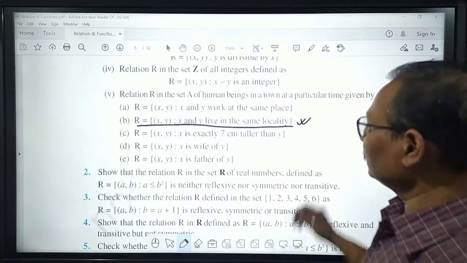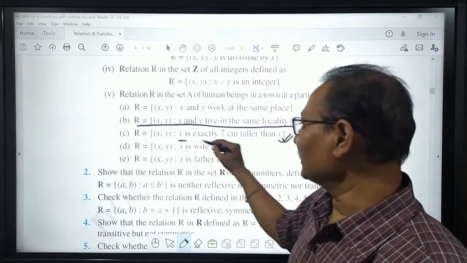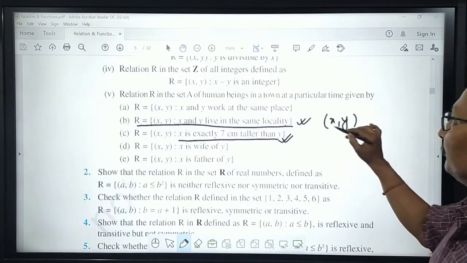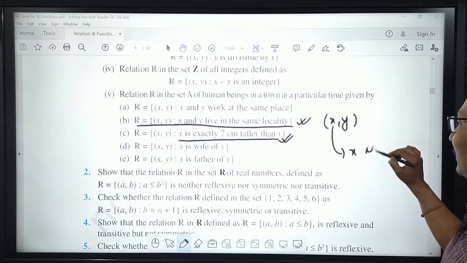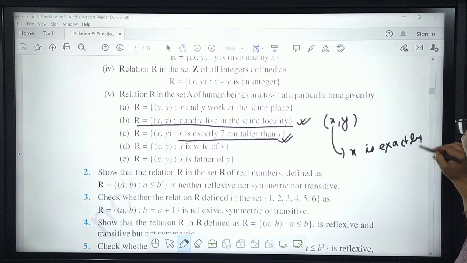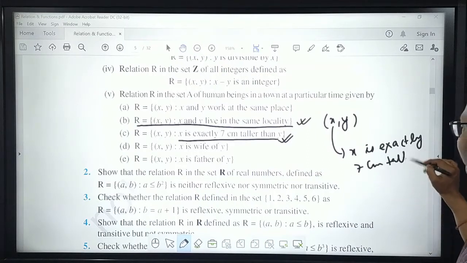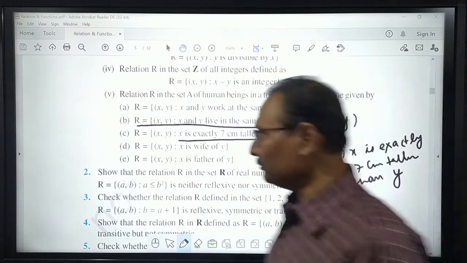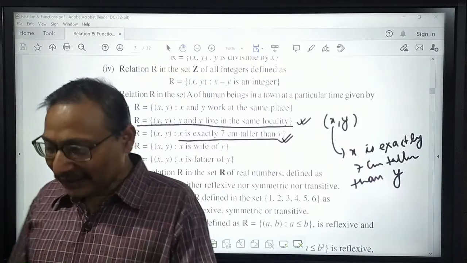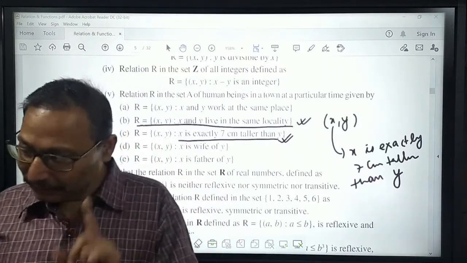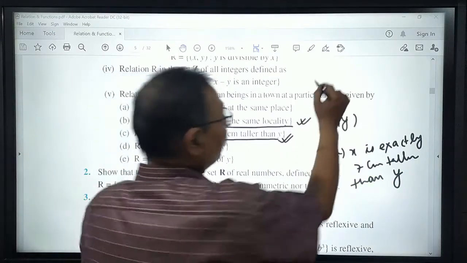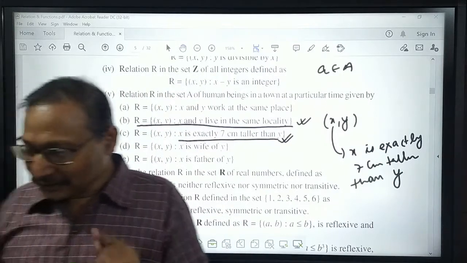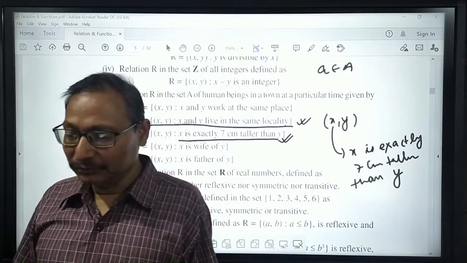Now, what about this one? X is exactly 7 centimeter taller than Y. The first member of this pair, X, is exactly 7 centimeter taller than the second member Y. Now think about whether X comma X, if we take any element A from the given set A. Now tell me whether A is exactly 7 centimeter taller than A. No, not at all.